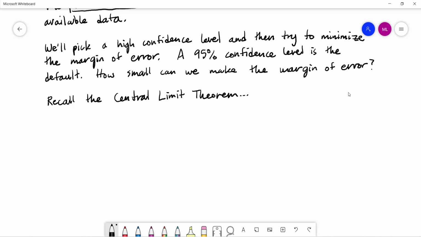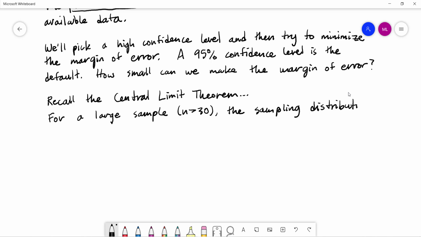The central limit theorem basically says that if we take a large enough sample, and the cutoff for large enough is greater than 30, then for a large sample, basically n greater than 30, the sampling distribution is approximately normal with the following.